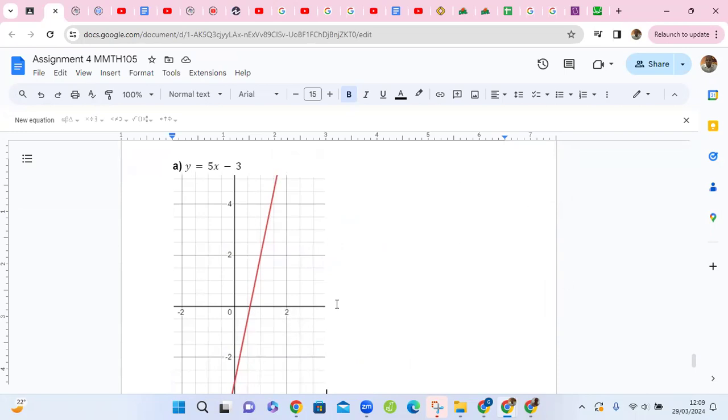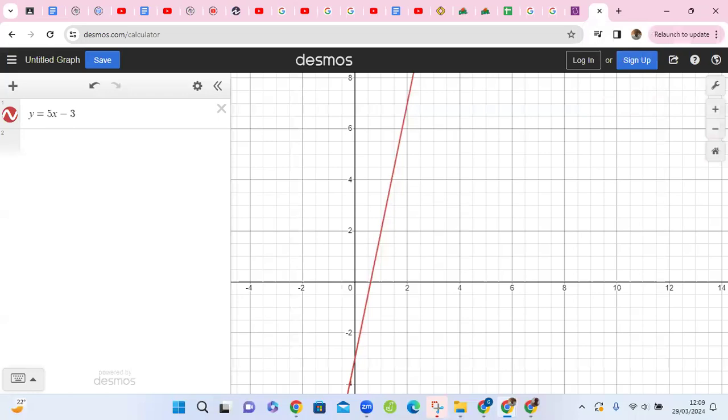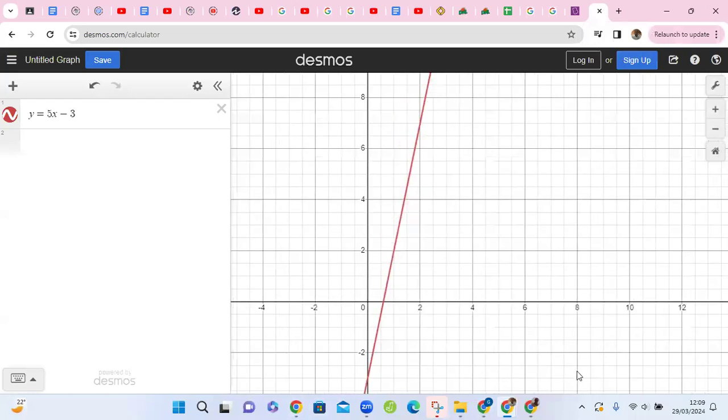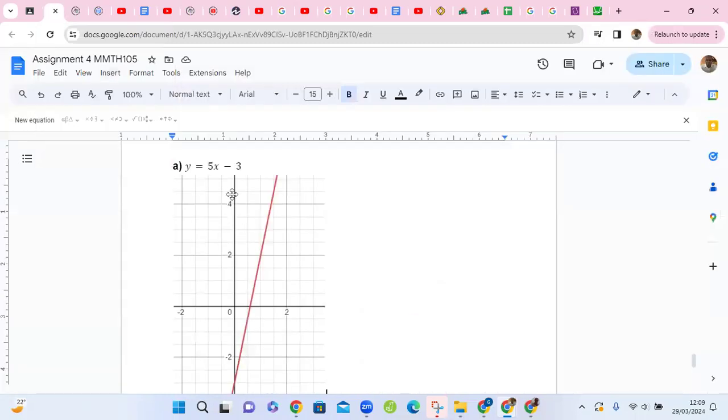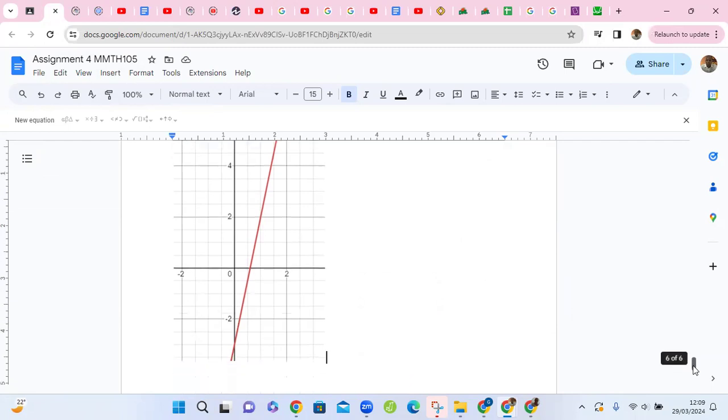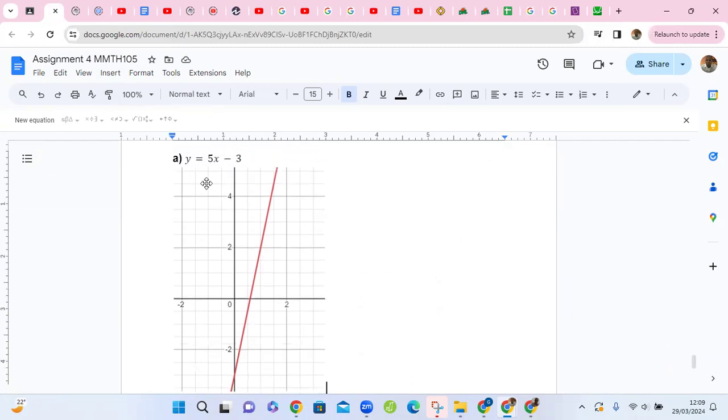This is the x-axis. The limitation of this one is that it does not show the x-axis, and the y-axis is the vertical axis. So we'll use another one that shows that the vertical axis is the y-axis and the horizontal axis is the x-axis. And this line is showing the behavior of the y values.